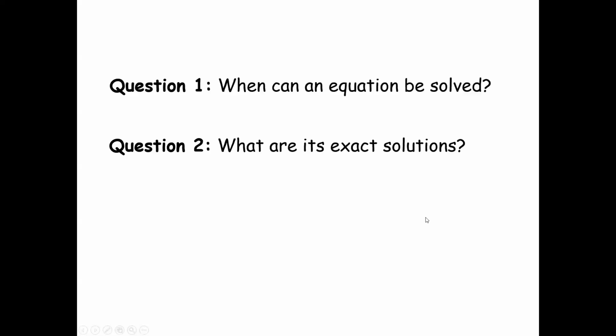So here you would say, yes, I found the roots, but only to a certain accuracy, because I can only write down a finite amount of the decimal expansion of these numbers. On the other hand, the second question I want to look at is, when can we find exact solutions to a particular polynomial equation?